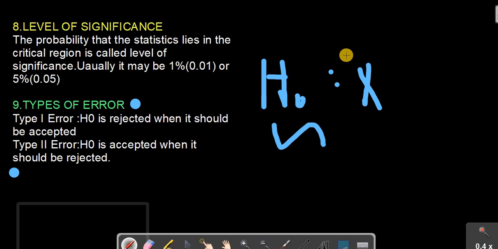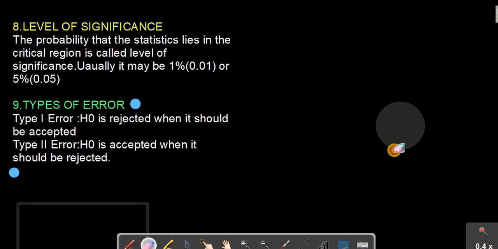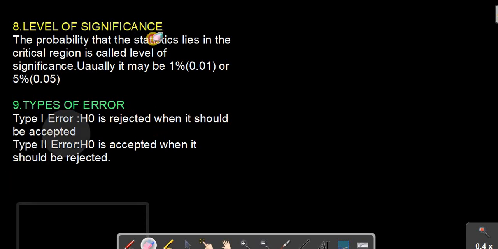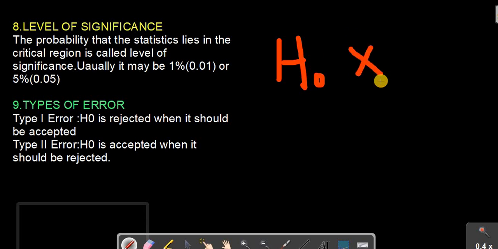So there are two types of error here. The first one we call a type 1 error. What is that? Type 1 error is that H0 is rejected, but it should actually be accepted.